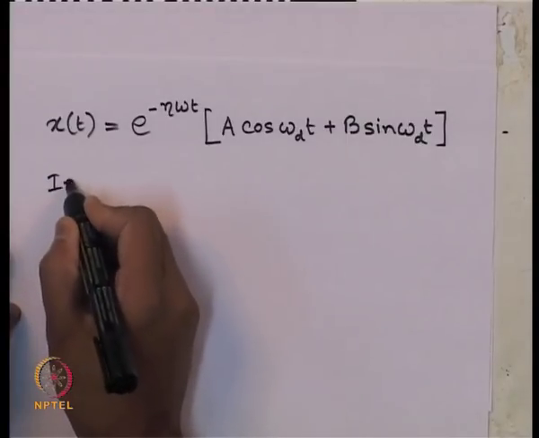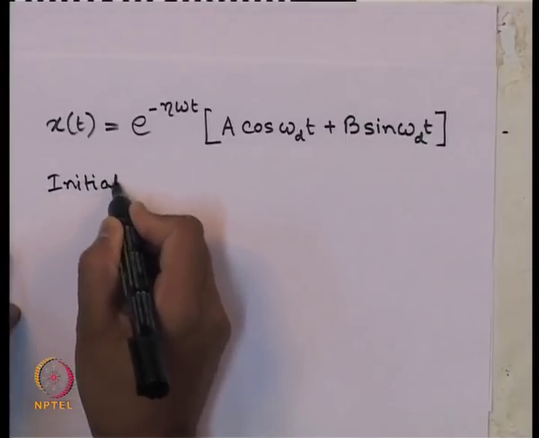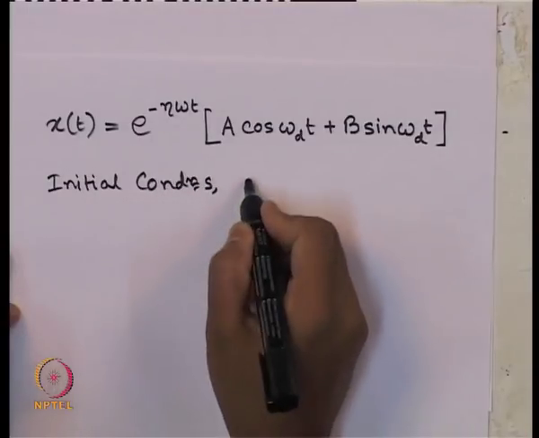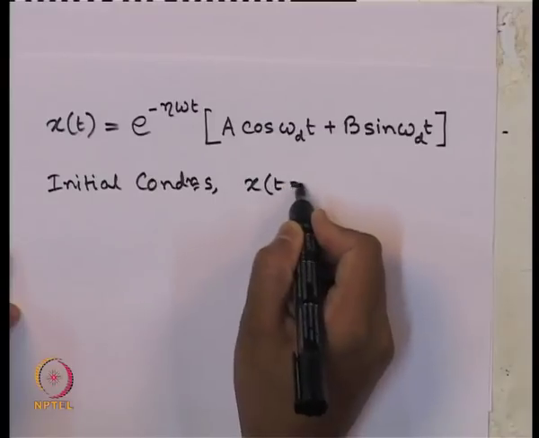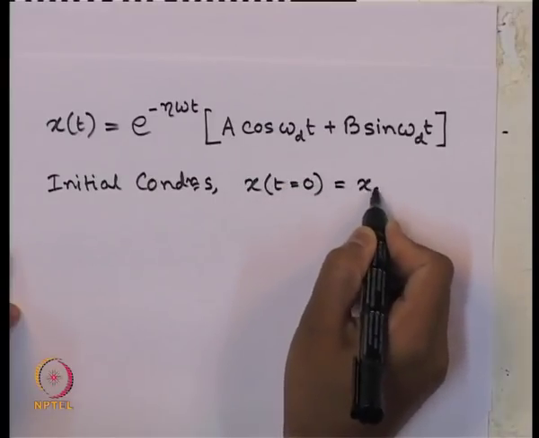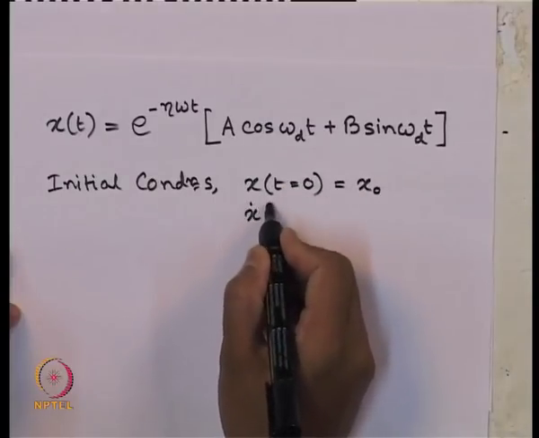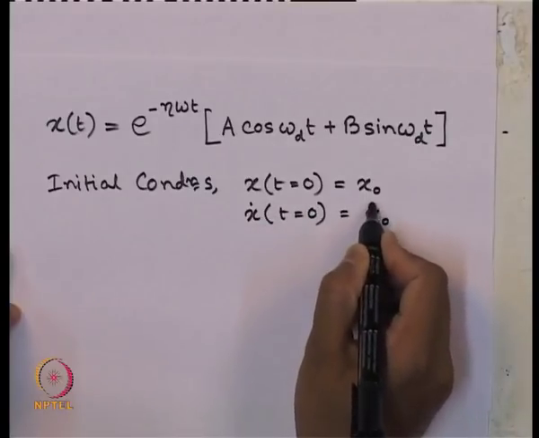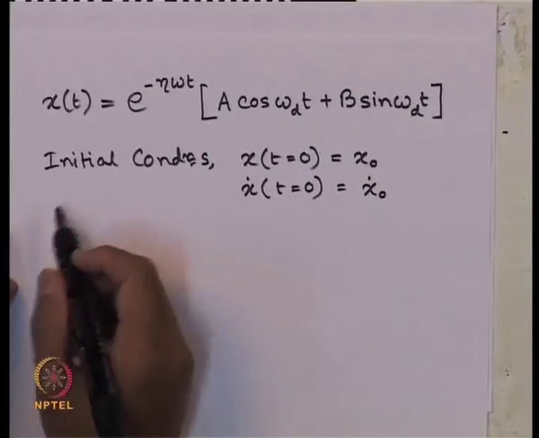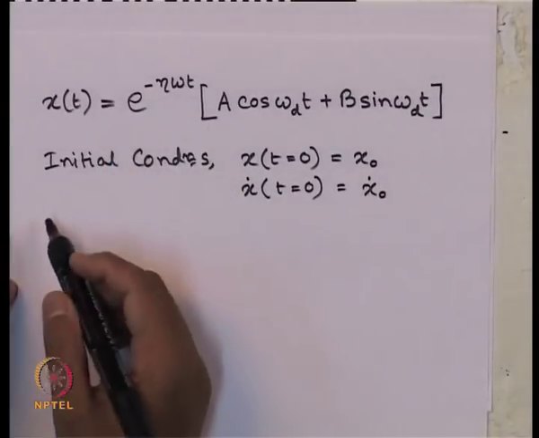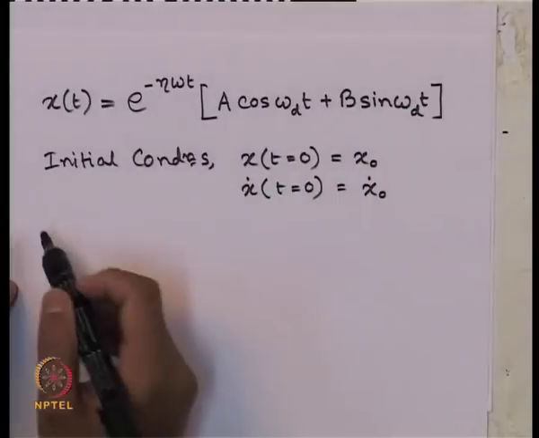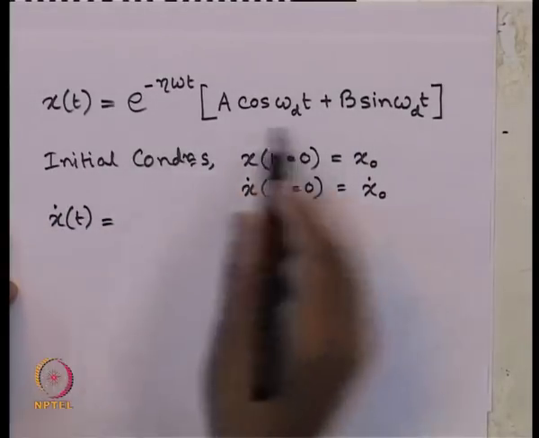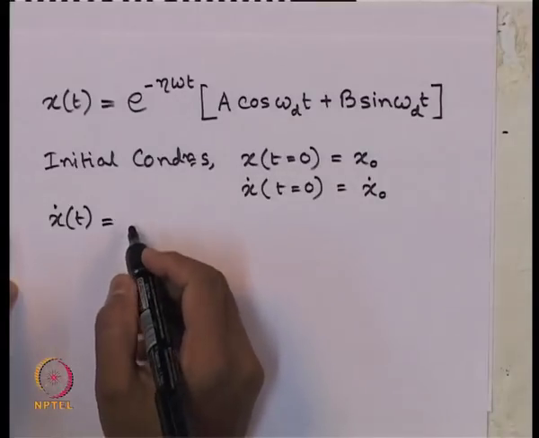Now, let us apply the initial conditions given to us, that is x at t equals 0 is x naught and the velocity x dot at t equals 0 is x naught dot. So, if we want to write down x dot of t for this expression, what we will get?